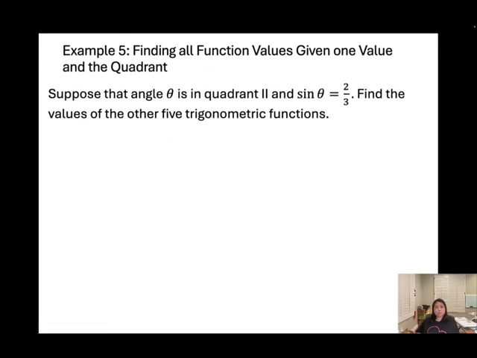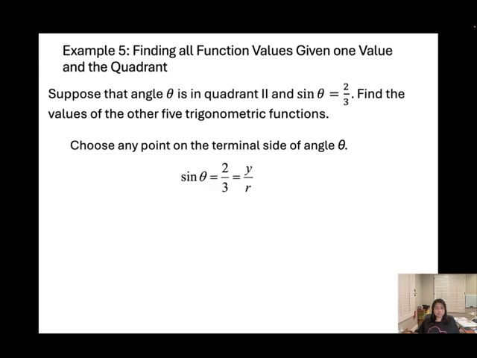Example 5. Suppose that angle theta is in quadrant 2 and sine theta equal to 2/3. Find the values of the other 5 trigonometric functions. We could choose any point on the terminal side of the angle theta. You know sine theta is equal to 2/3.